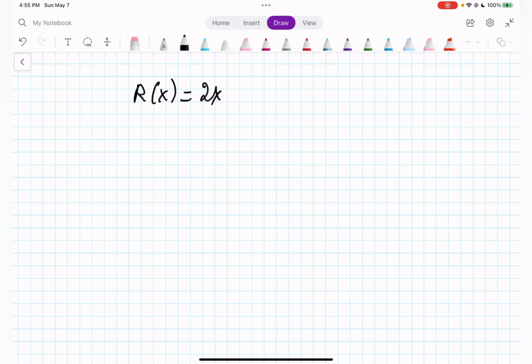We need to find dr by dt, because as time goes, we get the total. dr by dt is going to be d of 4x over dt. You can write it either the way I put it there or d by dt of 4x. Doesn't matter which way you put it.